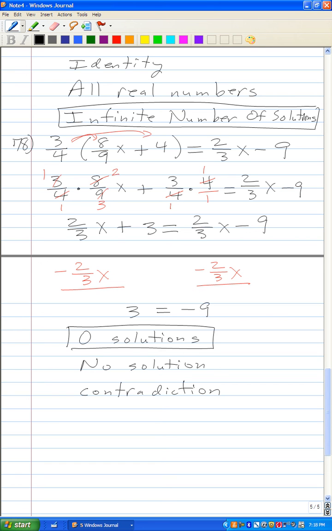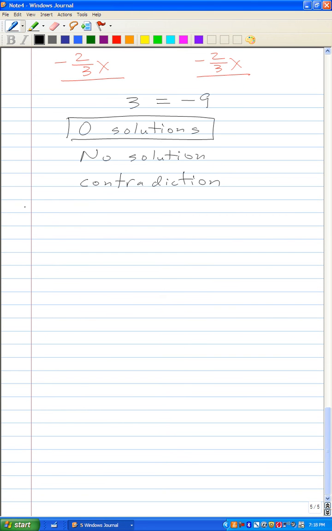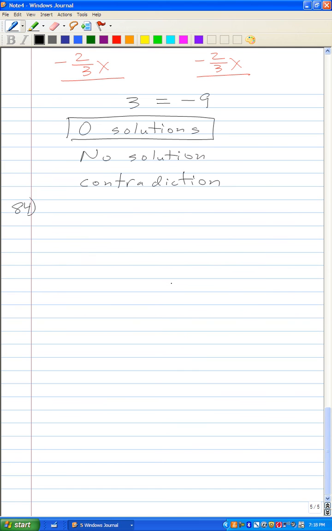Let me do problem number 84. 4 times x minus 0.3 plus 0.1 equals x plus 0.3. Let me multiply 4 inside the parentheses.